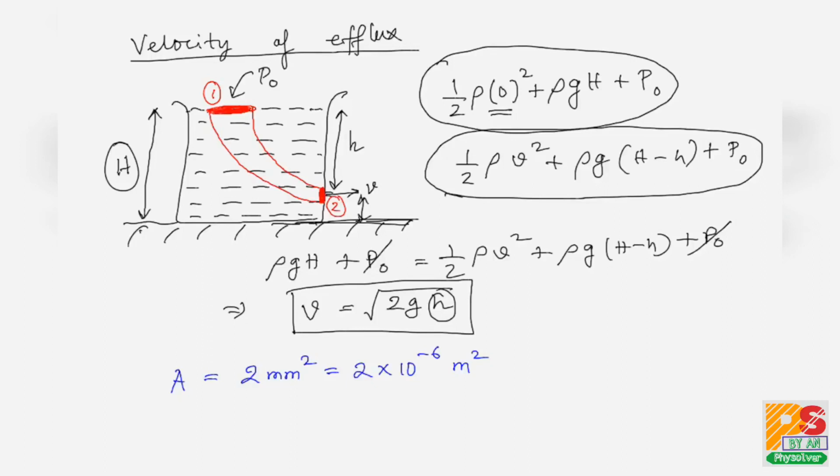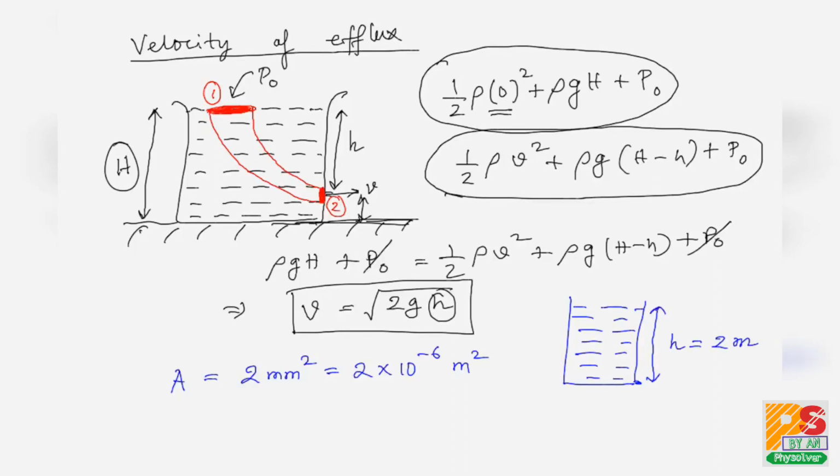The tank is of height 2 meter, and the tank is fully filled with liquid. Therefore, here the small h is nothing but the entire height of the liquid in the tank. So, this is 2 meter.